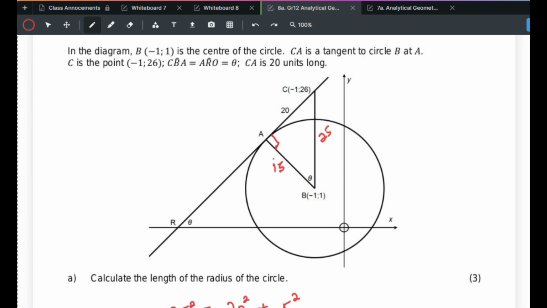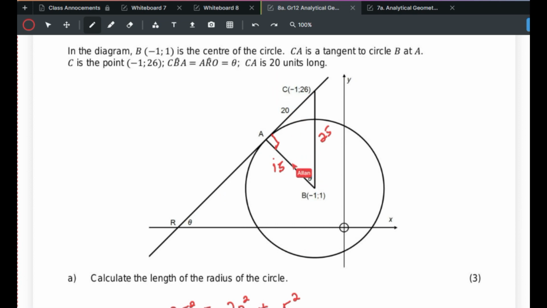We can obviously get it from here. So how will we get it from there? Because here we'd need to get... We can use that thing.